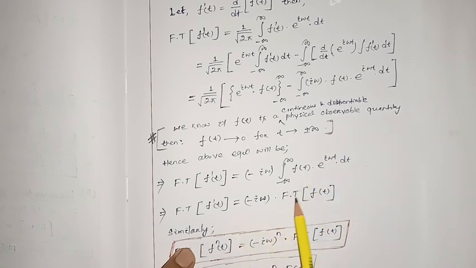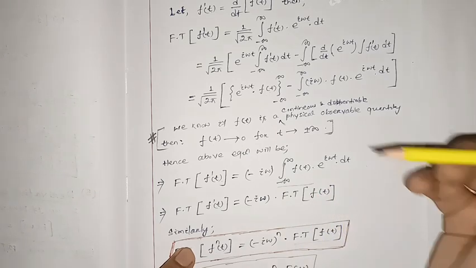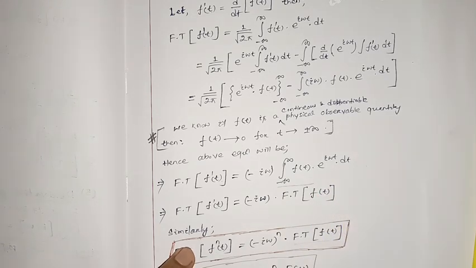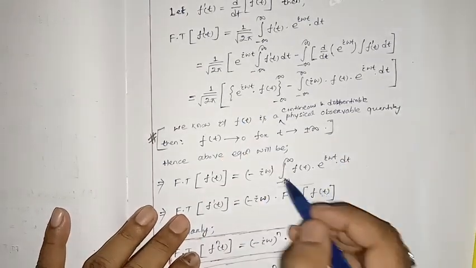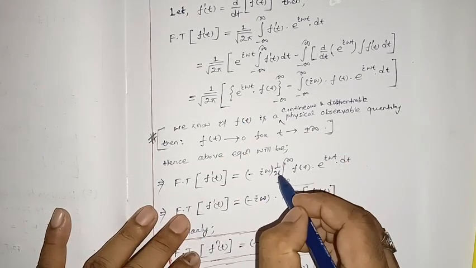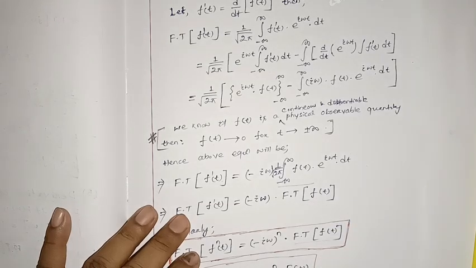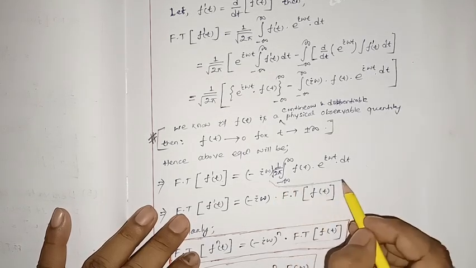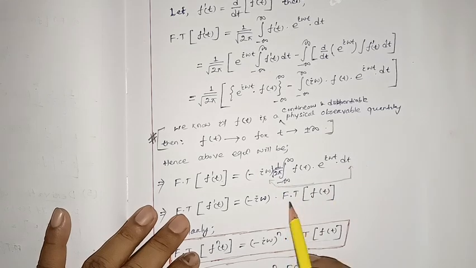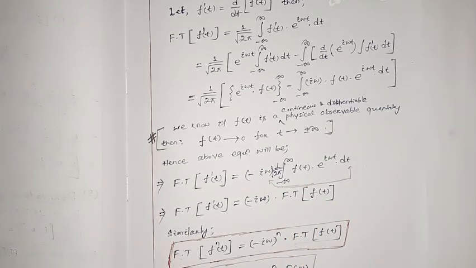Sorry, here I forgot to write 1 by root over 2 pi. So this integral is nothing but the Fourier transform of f of t.